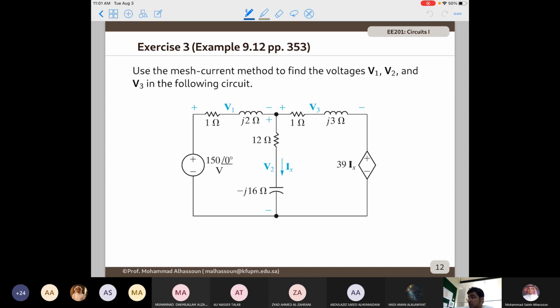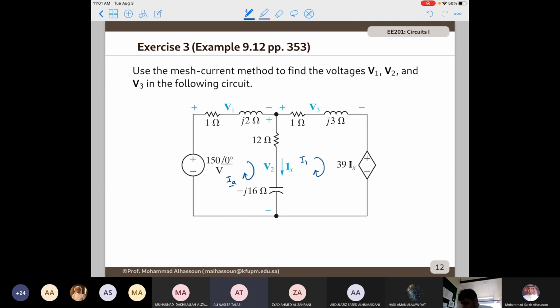Ali, question? For mesh A, it will be minus 150. Okay, so let's label them.